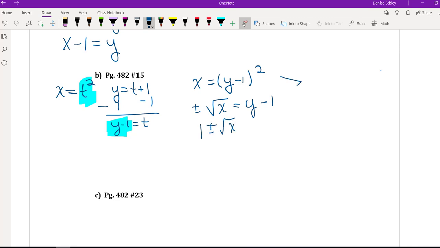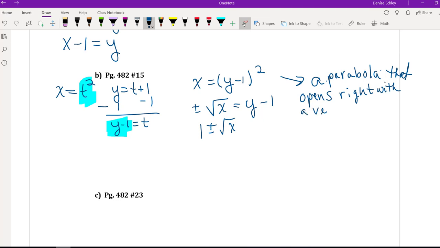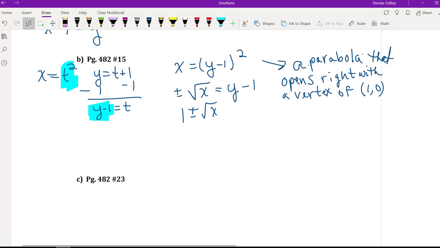And really, even from here, what you can say is you have a parabola that opens right with a vertex of (1, 0). And you can double check that on your graphing calculator.